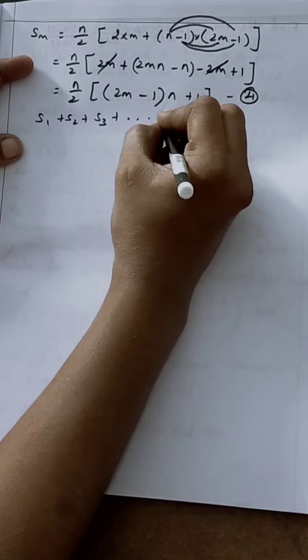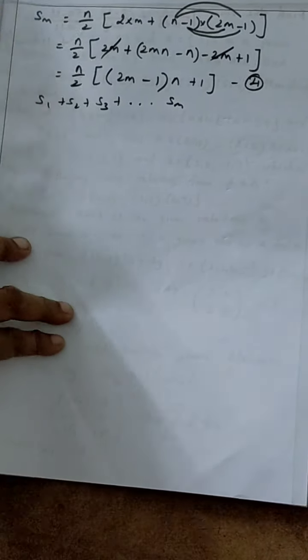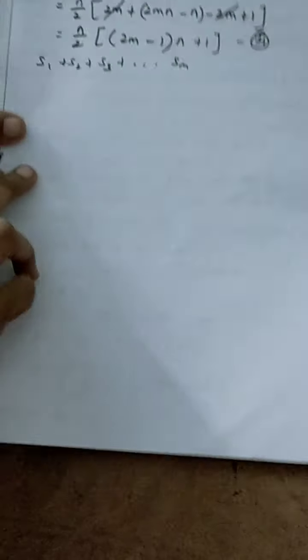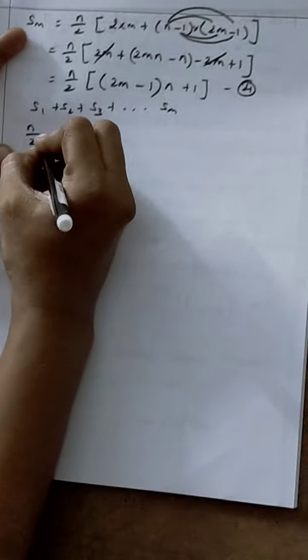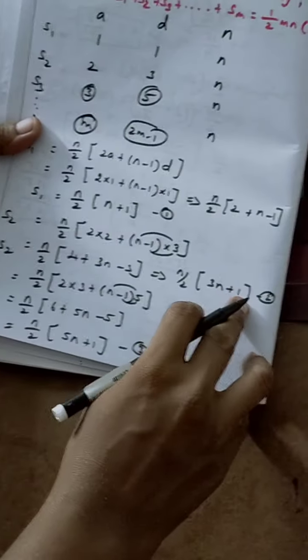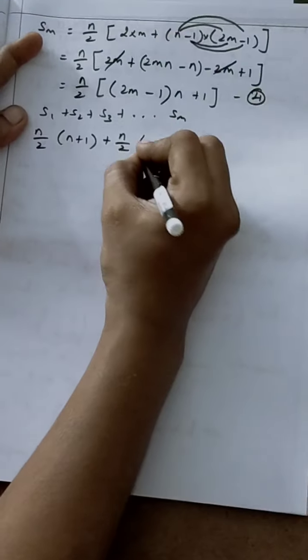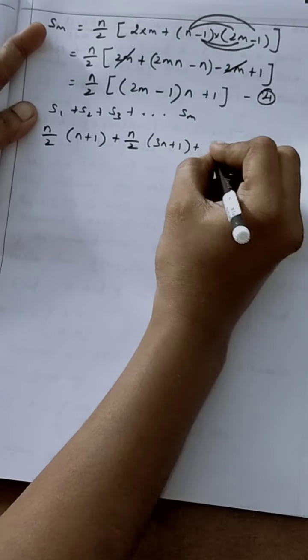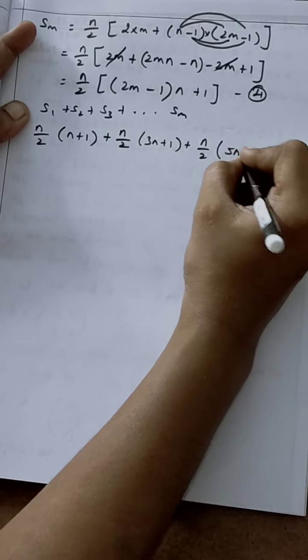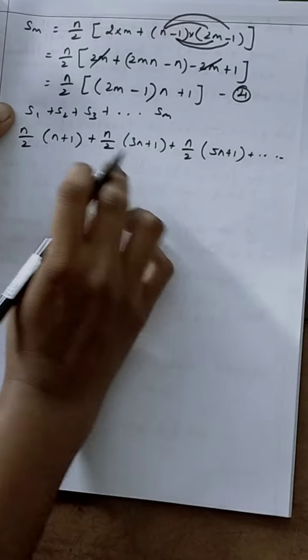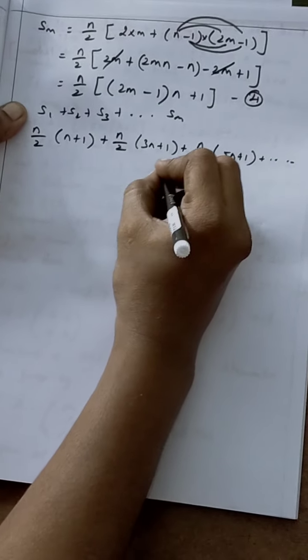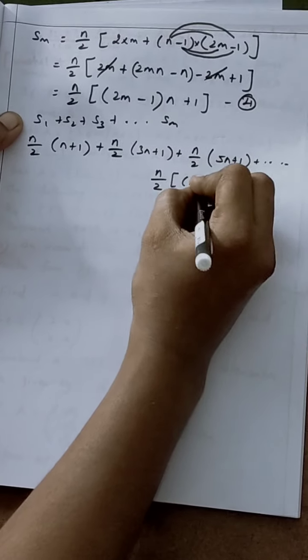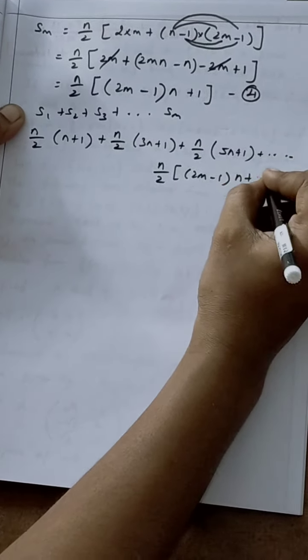The first one is n by 2 (n plus 1), plus the next one, n by 2 (3n plus 1), plus the third one, n by 2 (5n plus 1), plus up to Sm, n by 2 ((2m minus 1) into n plus 1).